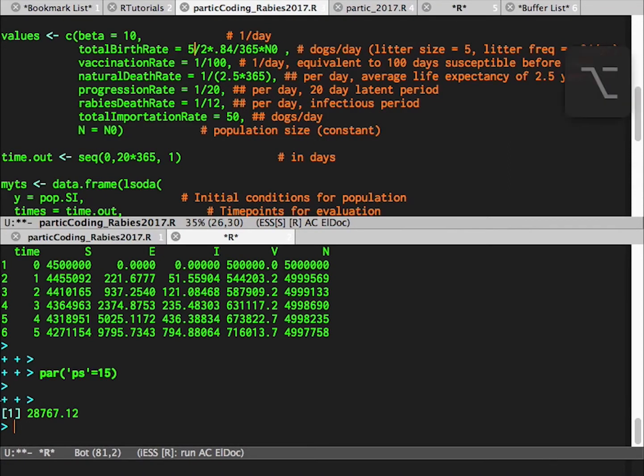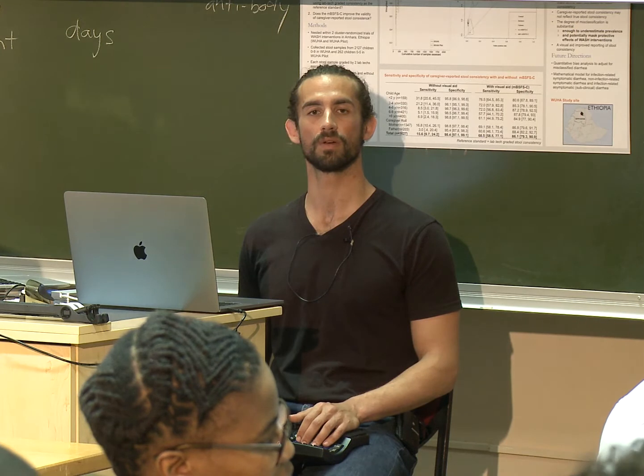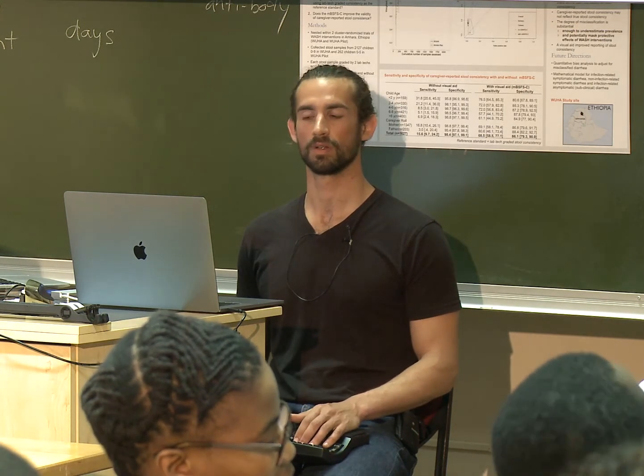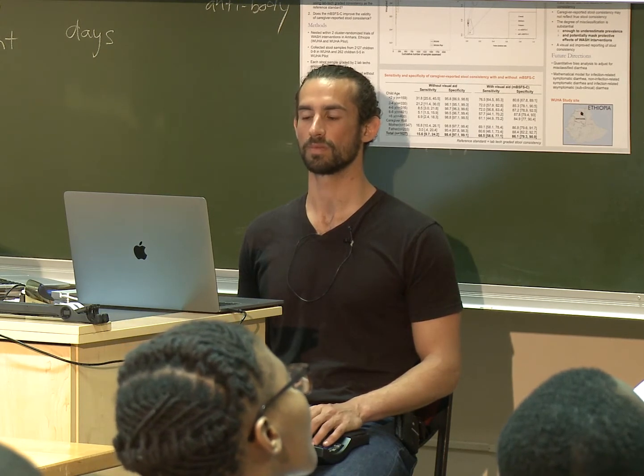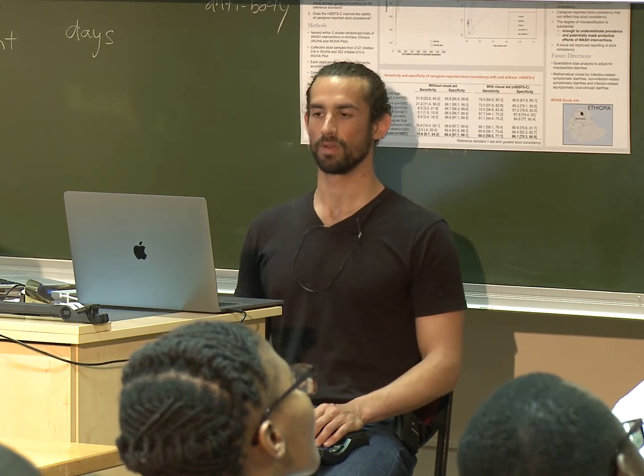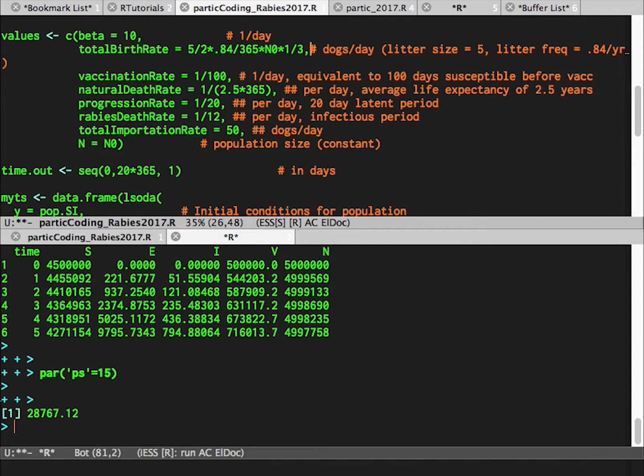Can you explain what is 5 and why divide it by 2? Yes. Becky said that the average litter size for a female dog that gives birth is 5 pups.